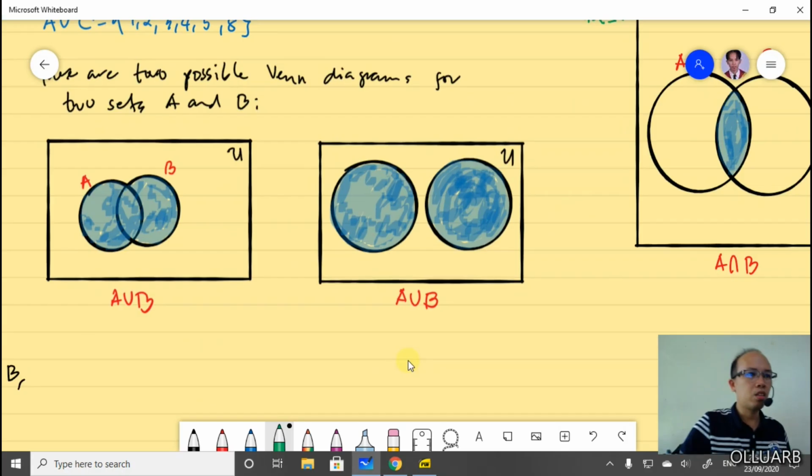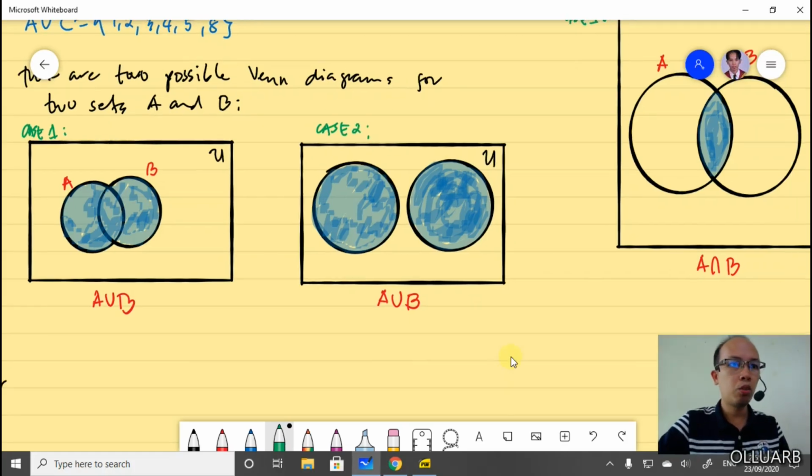This is the first case, case 1. Notice that this diagram is not limited to two sets only. You can extend it to as many sets as you like, but be careful about what is being asked in the problem.